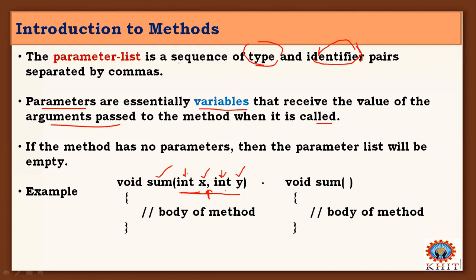Usually we call these methods when they are required to execute on class data, and we know from the previous videos a class is a collection of data as instance variables and code as methods.